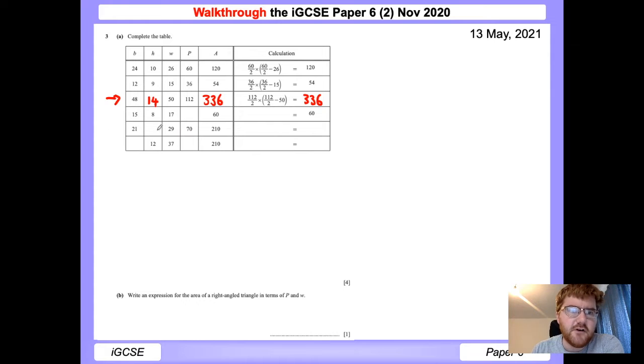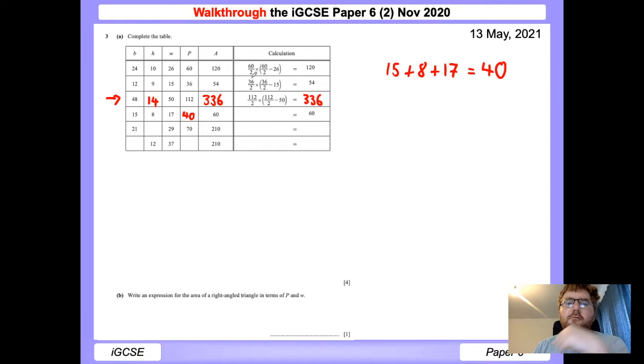If we do the next row, I'm going to show my working here. So to work out the perimeter, we just do 15 plus 8 plus 17. Okay, and if we work that out, I think we get the answer of 40. So I'm going to pop 40 in here. And then I'm going to look at this question and think, okay, where does this perimeter 40 fit in this calculation?